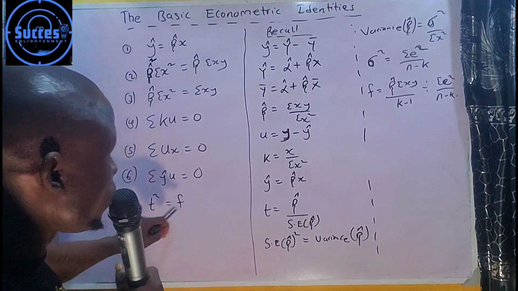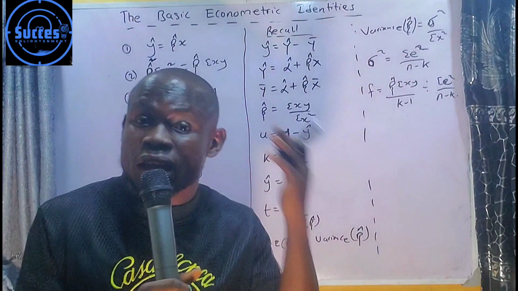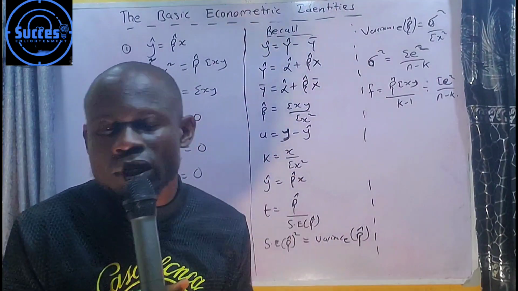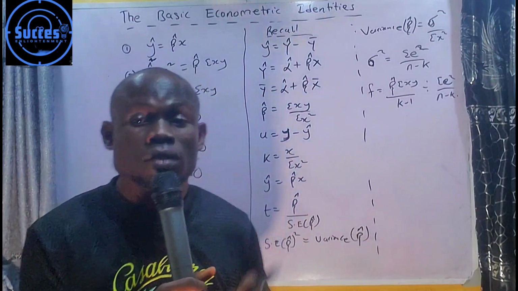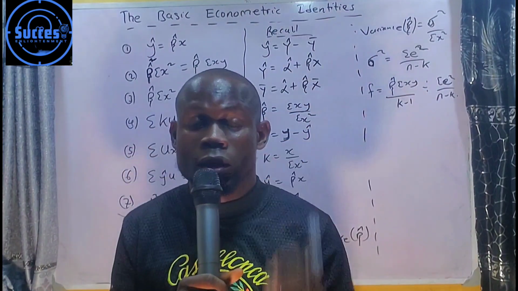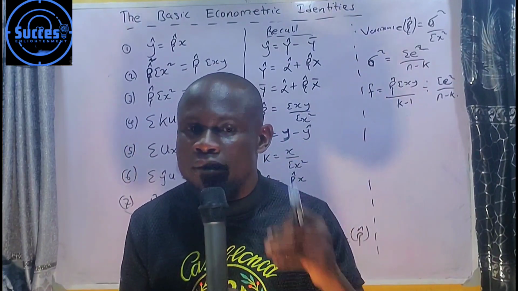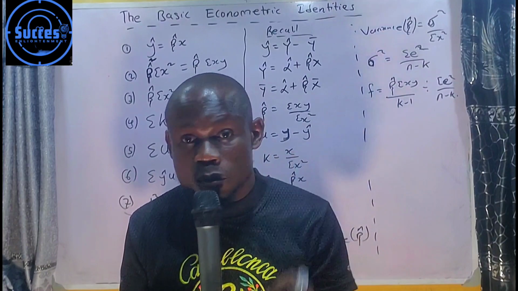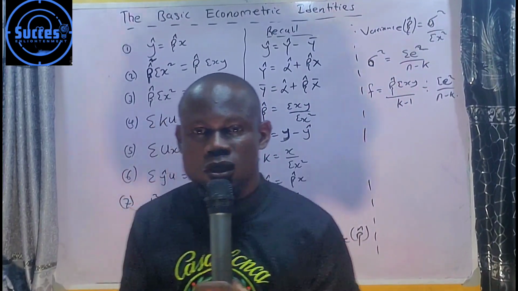The last one here, t squared equals the F statistic, the t statistic squared equals the F statistic, is very, very important. So also is every other identity. All of them are important. It is the mastery of econometrics algebra. So I'll take my time here and prove them one after the other. I'll make it as simple and succinct as possible. Let's get right into it.